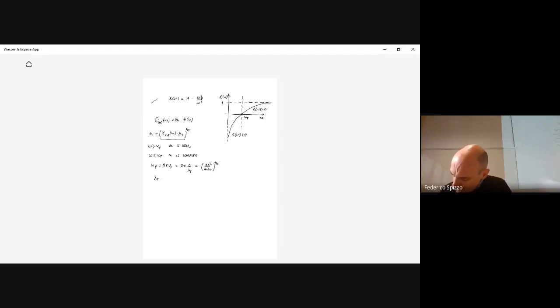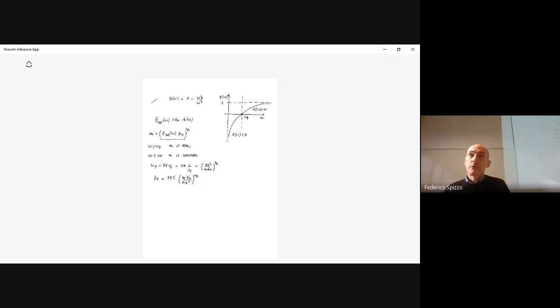So lambda p is 2 pi times c, square root of m epsilon 0 divided by n e squared. In this case, for c, the speed of light, we use 3 times 10 to the 8 meters per second.